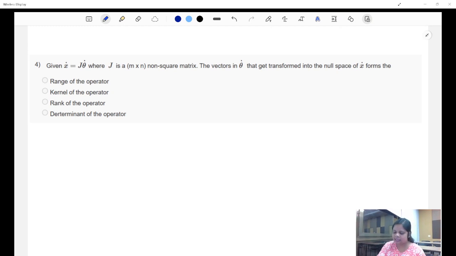So the question says x dot equals J into theta dot, where J is an m cross n non-square matrix. The vectors in theta dot that get transformed into the null space of x dot form what? Range of operator, kernel of operator, rank of operator, or determinant of operator.